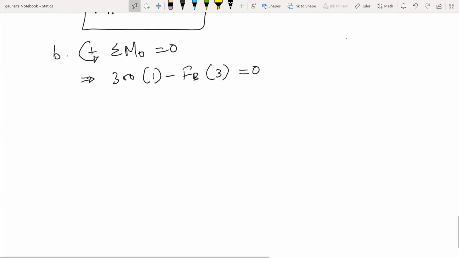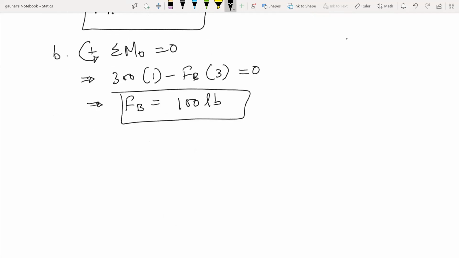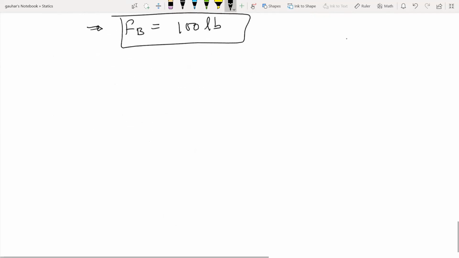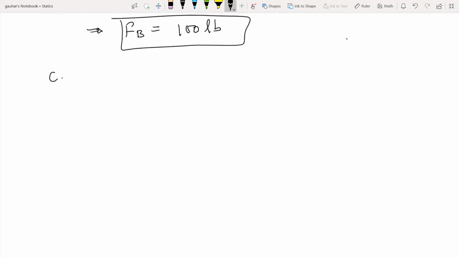So only 2 forces create moment at point O. From here, we get F sub B equals 100 pounds. Now we can apply the third equation. Let's say we apply summation of forces in y direction equals 0.